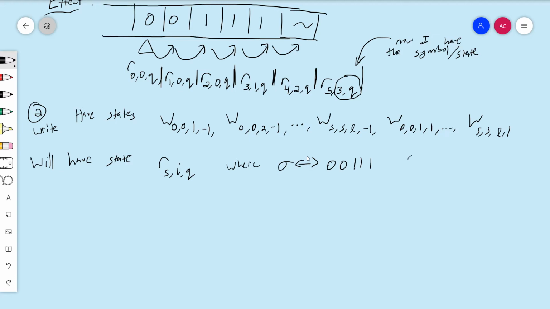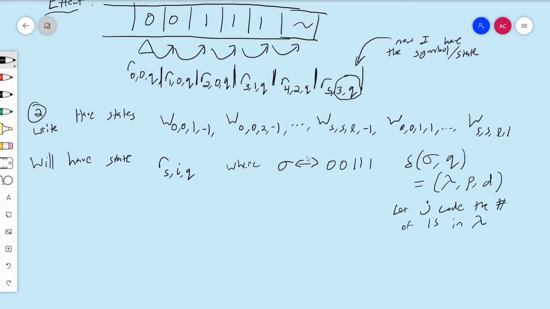And so if delta of sigma Q is equal to lambda P D, then I'm going to want to change this. So I needs to change to a J. So let J code the number of ones in lambda.